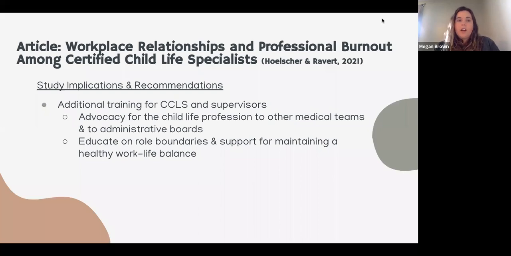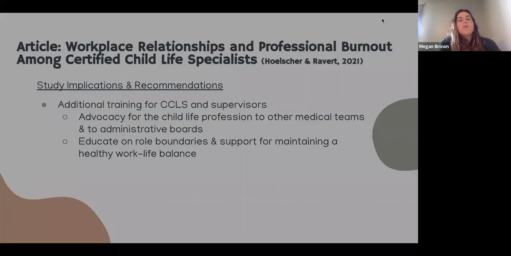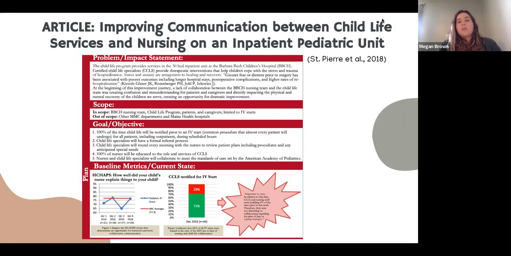Now I want to talk about another article and report that we found that was very interesting about improving communication between child life services and nursing, specifically in an inpatient pediatric unit at the Barbara Bush Children's Hospital.